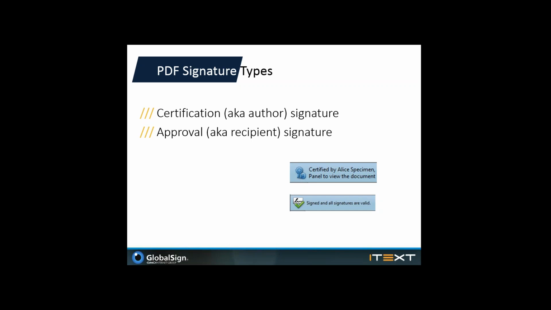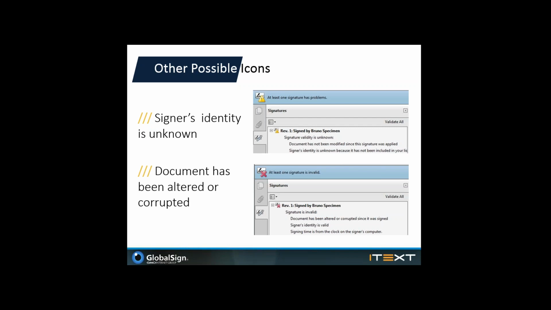And the approval signature is the recipient signature, so it's saying, I agree with this contract. An approval signature can also lock the document or just the field, just like the certification signature.